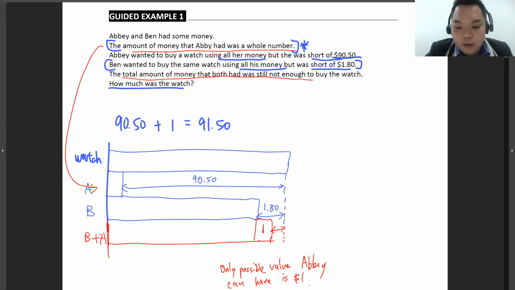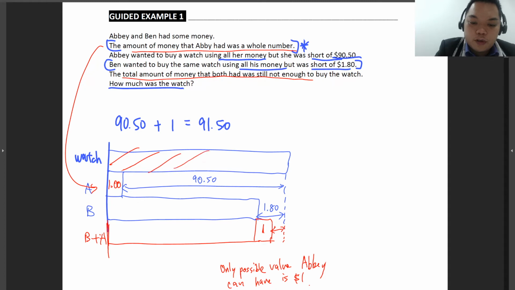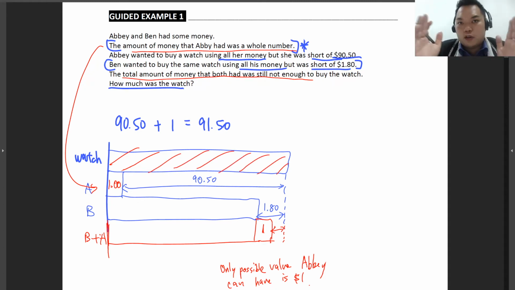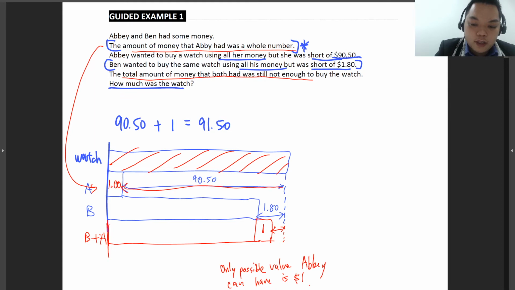So once you have this already, the only amount here that A can have is $1. So the cost of the watch is represented by this long bar over here, whose length is going to be $1 from coming from A and the amount that she's short of.